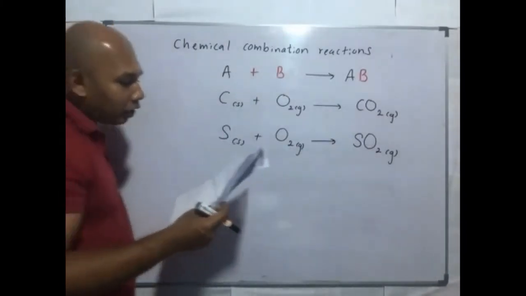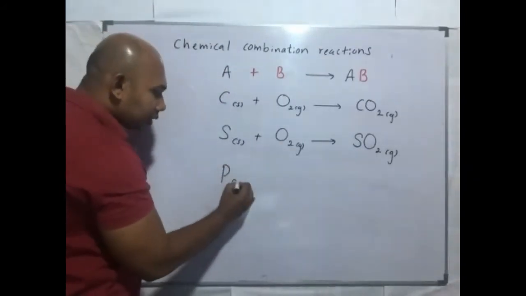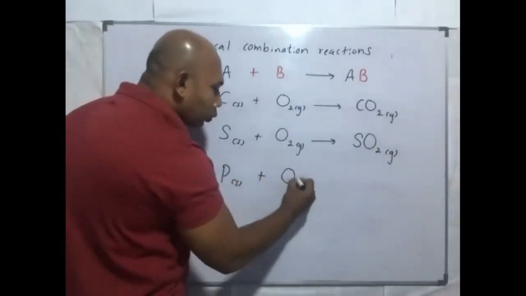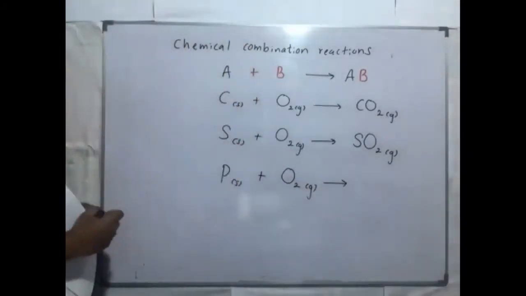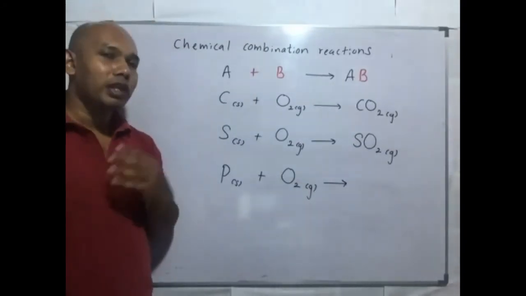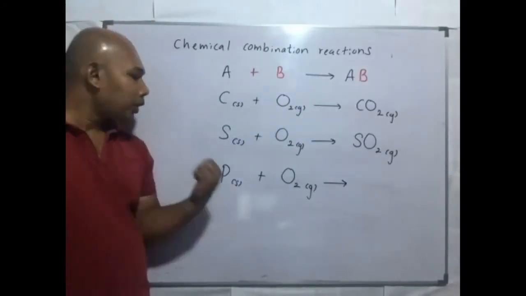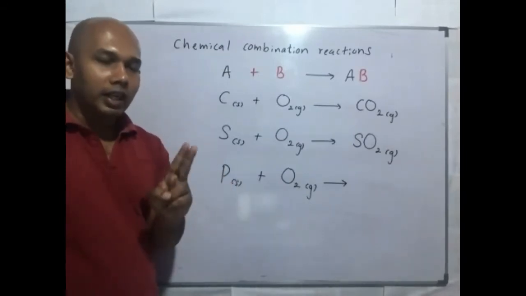Next one, reaction of phosphorus with oxygen gas. Phosphorus plus O2 gas. Right. Then making, what is the most stable valency of phosphorus? What is the group number? Group number of phosphorus is 5. It shows two valencies.